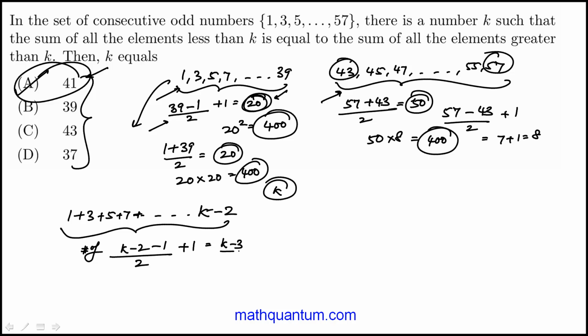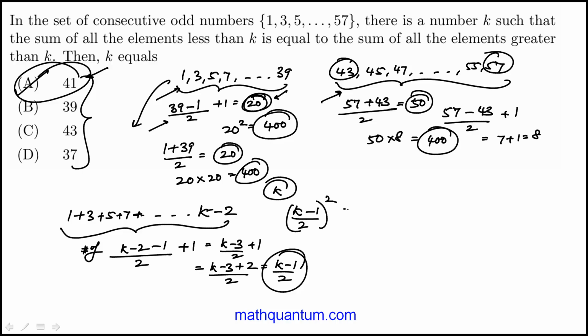So k minus 3 over 2 plus 1, which is k minus 3 plus 2 over 2, or k minus 1 over 2. So that sum would be just the square. This is the number of terms, so you just square that. And we want that to be equal to the sum of the remaining terms, which would start at k plus 2, because remember k is the number in between k minus 2 and k plus 2.